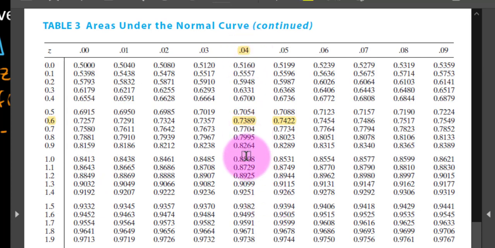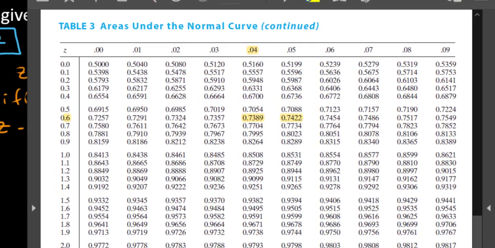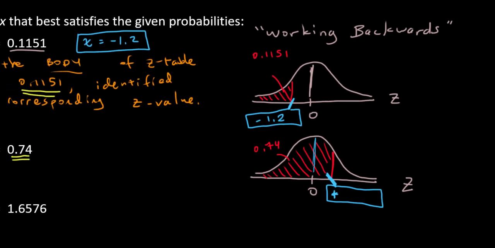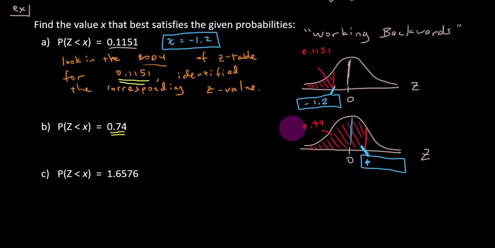Our x value is positive 0.64. Let's write that down. X is positive 0.64.